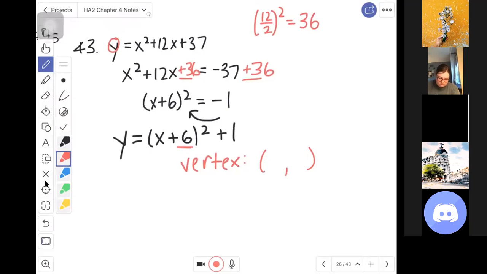So our h is there and our k is there. So that formula had a minus in between. So this is really like a minus and negative. So that vertex would be -6, 1. Because that formula had a minus in between there. So that's technically like a -1 is that x value.